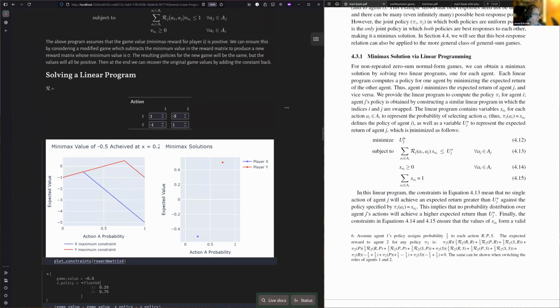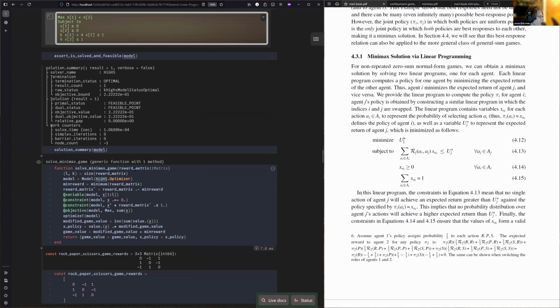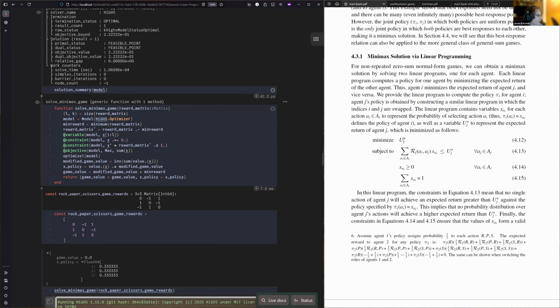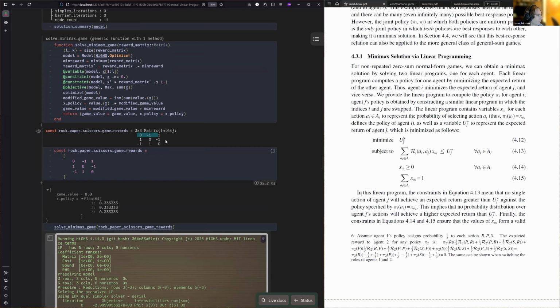But now because we have a general linear program, we can actually write a function to solve a more general reward matrix, right? So here I have a matrix that can be any size, and I'm forming the constraints in matrix form where I'm multiplying x by the reward matrix. This will form all the constraint equations. And then we can see as an example, this is the rock, paper, scissors game in the book where the 3 actions are rock, paper, and scissors.